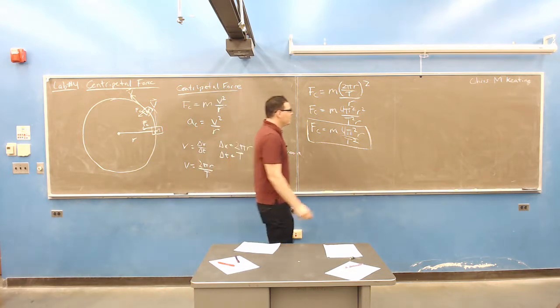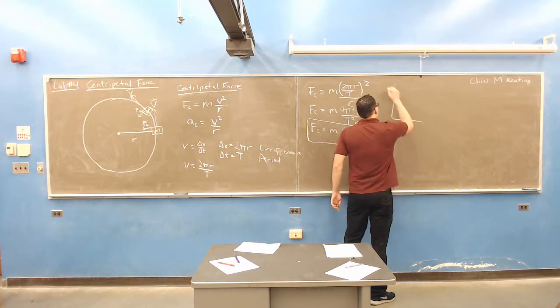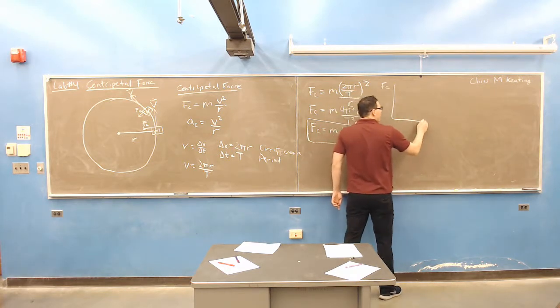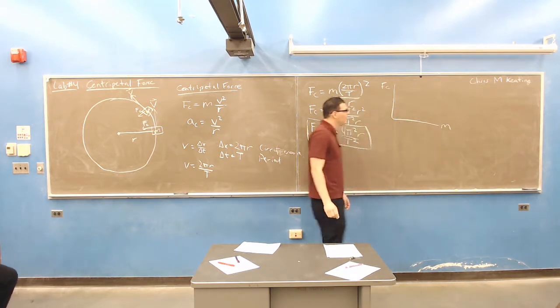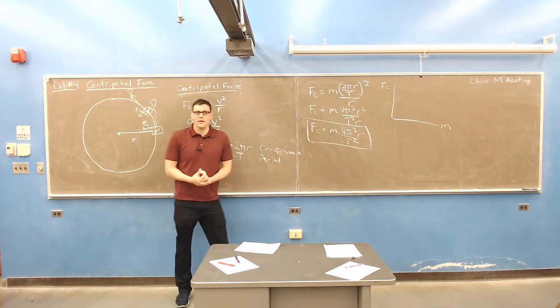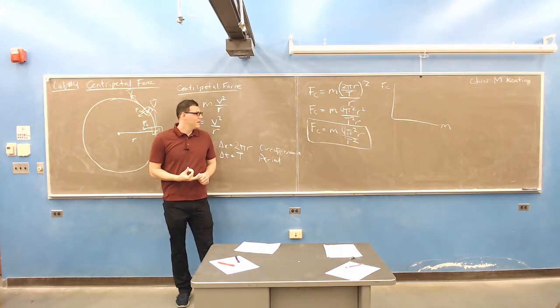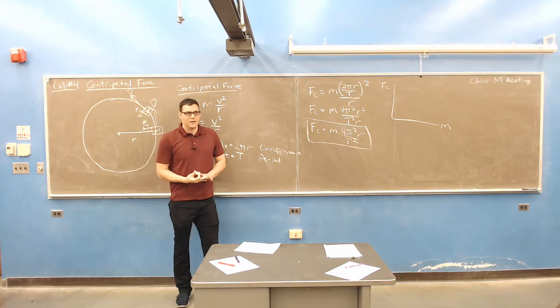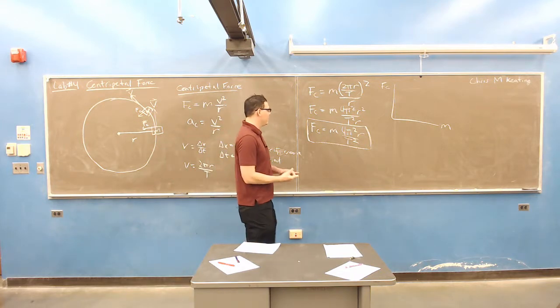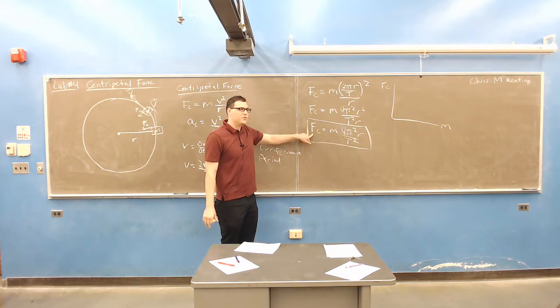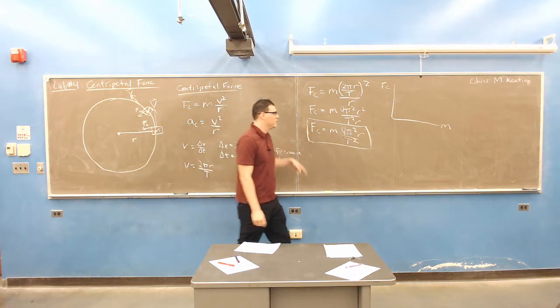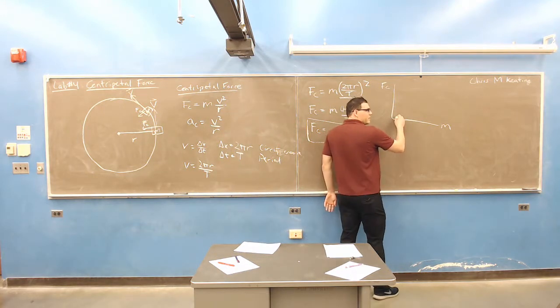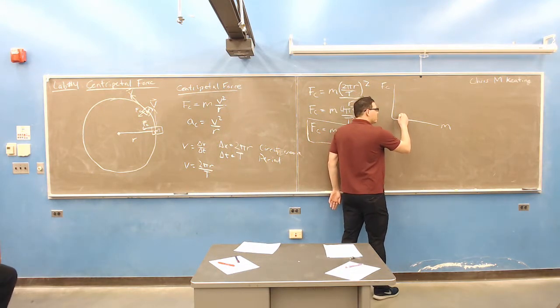All right, so if we were to graph maybe the centripetal force versus mass, what would the plot look like? If I double the mass, what happens to the centripetal force? It doubles too. So as I increase the mass, what happens to the force?